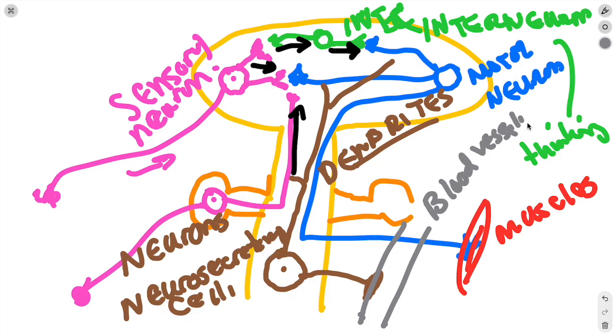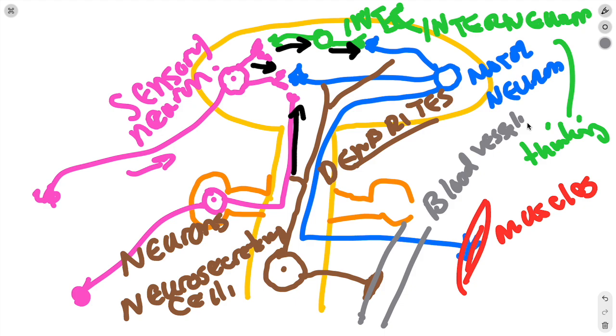And these other neurons, when they want to communicate, so the sensory neuron, the motor neuron, the interneuron, what they do is at that synapse, those release neurotransmitters.